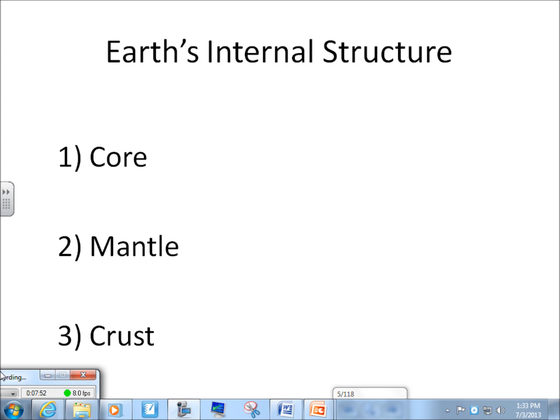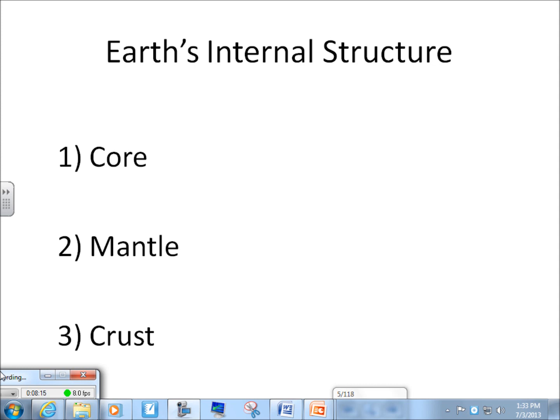But nevertheless, this lasagna, and why am I talking about lasagna, is because it's layered, just like the Earth is. And each layer of my lasagna has its own unique characteristics, just like each layer within Earth's internal structure has its own unique characteristics. The Earth was cooling from the outside in.